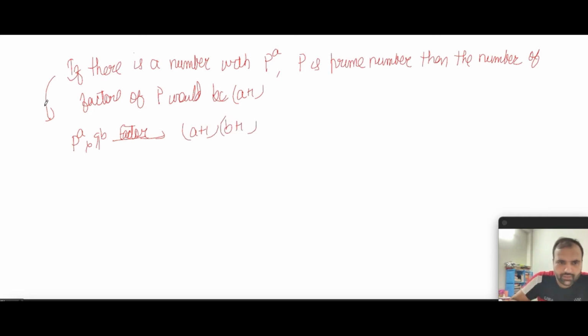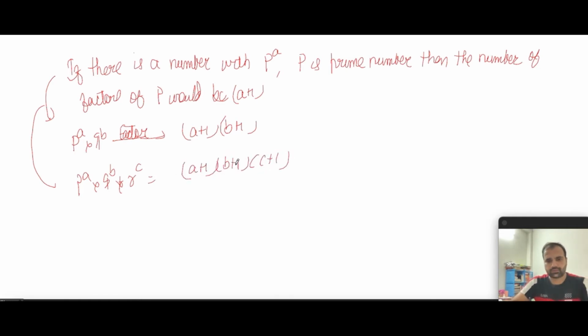Again, if you want, we can further extend this. Let's assume there's a number p^a into q^b into r^c. Then can we write the number of factors as a plus 1, b plus 1, c plus 1? Think for a moment. We can keep doing it. We can do it for any number.